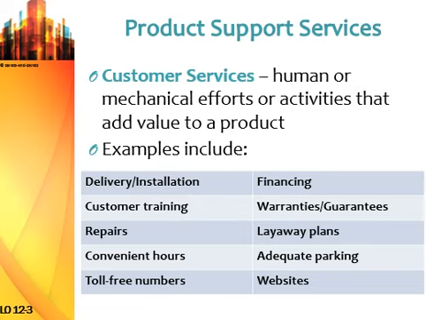So if you have two identical, similar washing machines, and one has delivery and installation included, then it offers financing, longer warranties, all these support services help in differentiating your product and services.